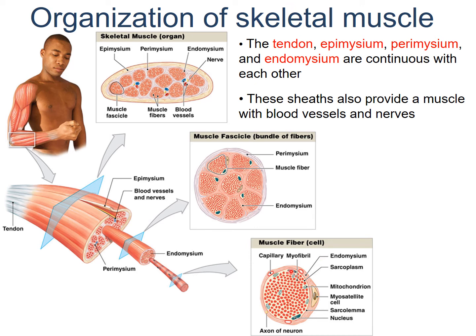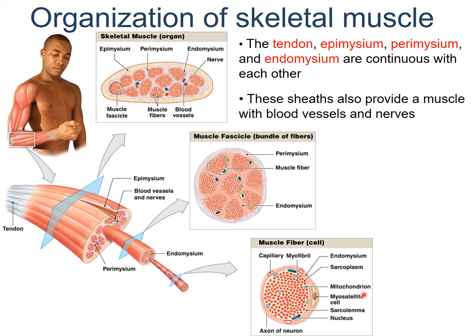All right, and so if we're looking at one cell, there are some organelles here, some terms that we are a bit familiar with. For example, here's a nucleus. And remember from when we did tissues, skeletal muscle tissue, those cells have multiple nuclei. So there's a nucleus here, but there's also a nucleus over there, okay?